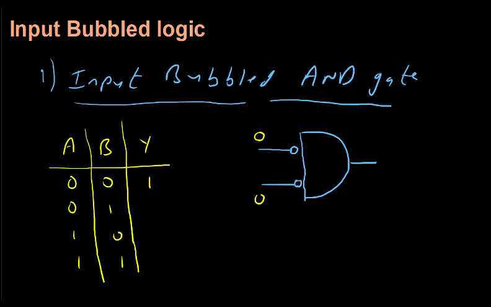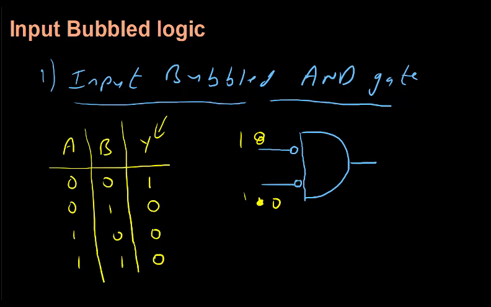Next input is 0 1, so actual input is 1 and 0, and since any input is 0, output becomes 0. Again for 1 0, one input becomes 0, so this is also 0. And finally 1 1, both become 0 and output is 0. So this is the output of an input bubbled AND gate.